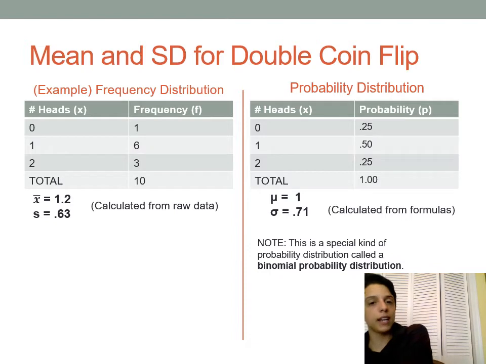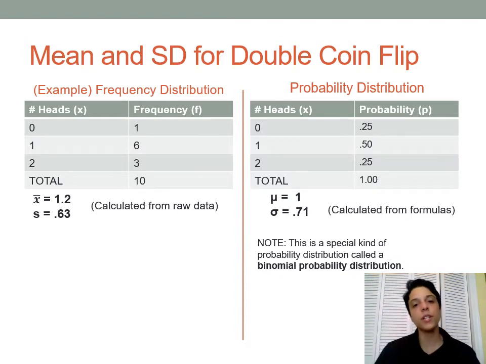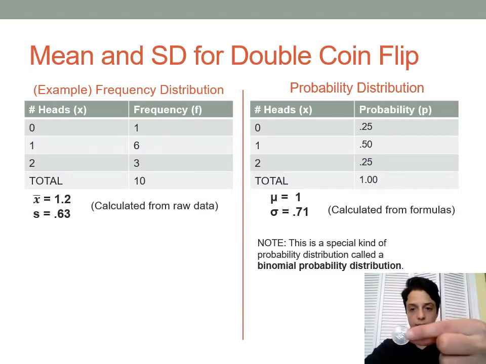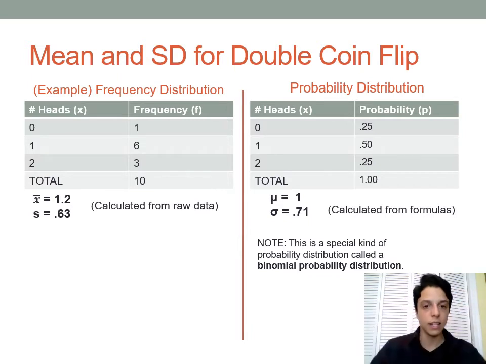What's shown on the slide here as an example frequency distribution is an example of a distribution that you could get doing the same thing. With 10 flips of the 2 coins, you might have an example where you got 0 heads 1 time, so of the 10 flips, you only got tails and tails 1 time, where you got 1 head 6 times, so 6 of those times it came up with either heads and then tails, or tails and then heads.